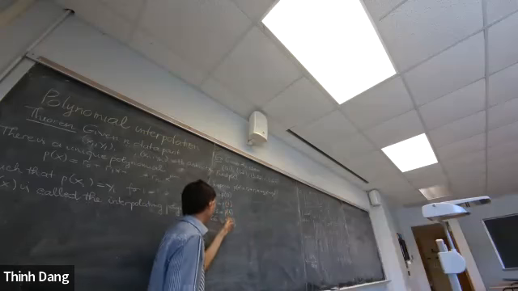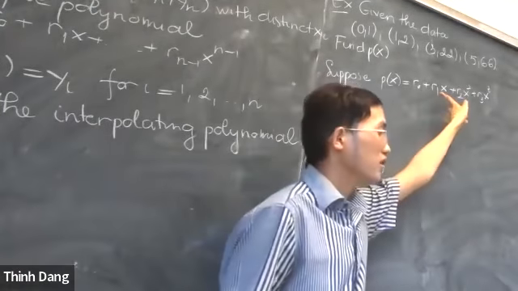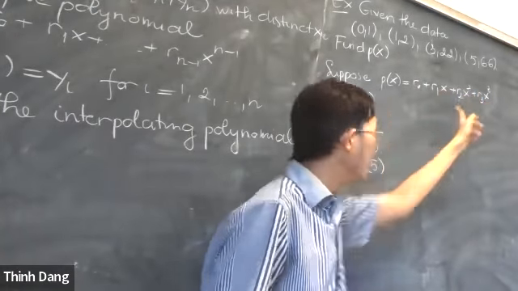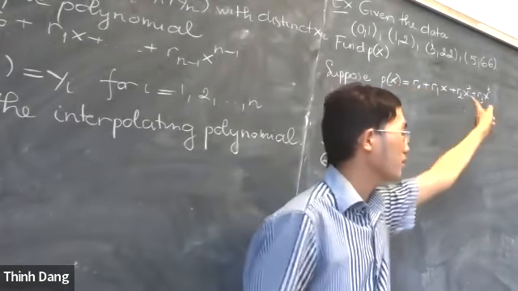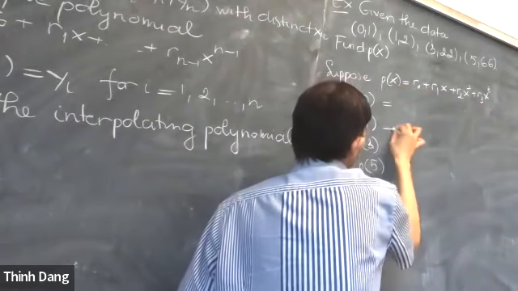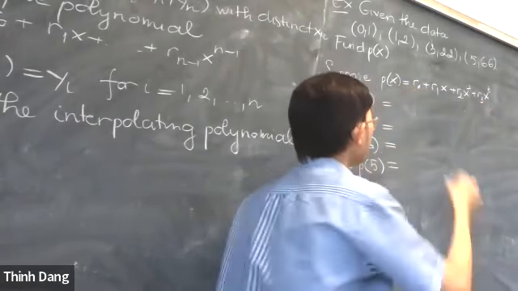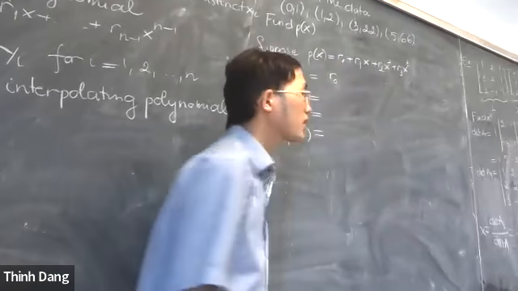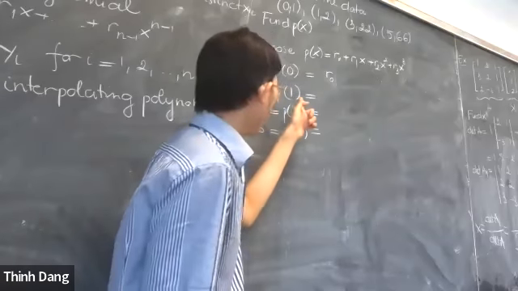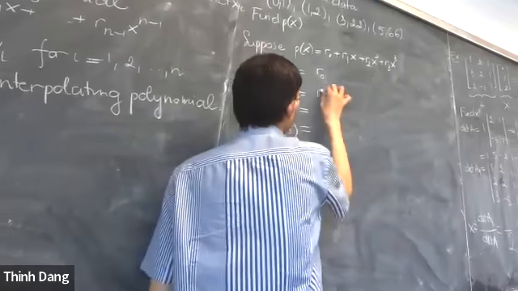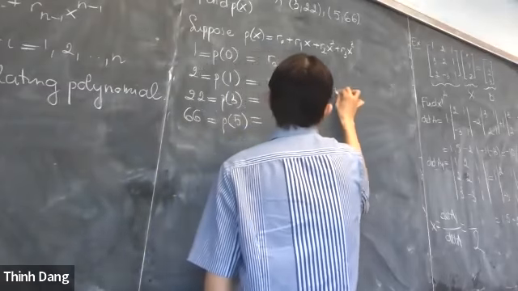So what are P(0), P(1), P(3), P(5)? Basically, we are plugging these numbers into the variable x. Let's try to plug these numbers in. When you plug 0 in, the right hand side should be just r0 because all the other terms become 0. When you plug in 1, you should have r0 plus r1 plus r2 plus r3.